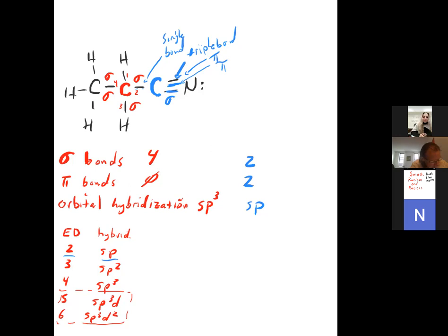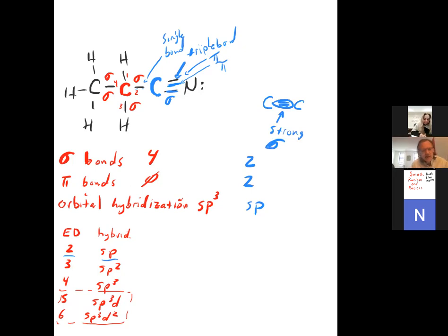Here's the idea. When you have 2 atoms, the first one is a sigma, right? So sigma bonds point directly between the 2 nuclei. So those electrons are really close to both nuclei. So that's going to be a very strong bond. That's a sigma.